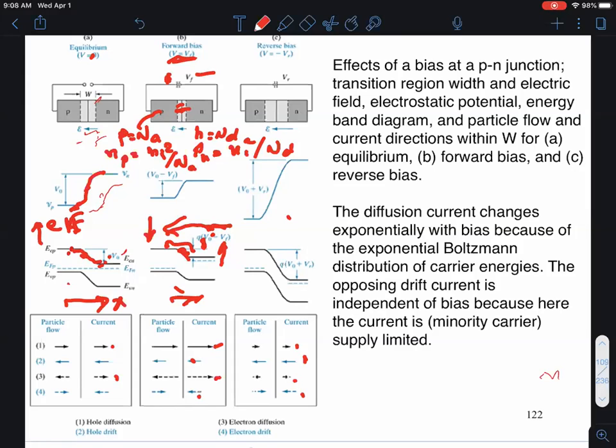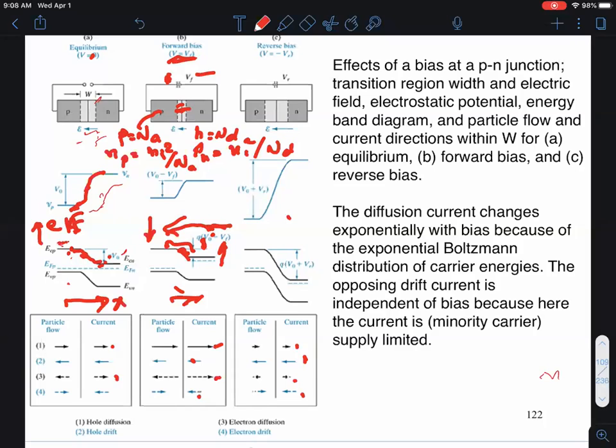Now, what is that? That is due to the fact that even once equilibrium has been set up, you still have flow of electrons and holes back and forth, but exactly equal and opposite to each other, so that there's no net current. Now what are those components due to? Well, for example, you have a few minority carrier electrons in the conduction band on the P side.